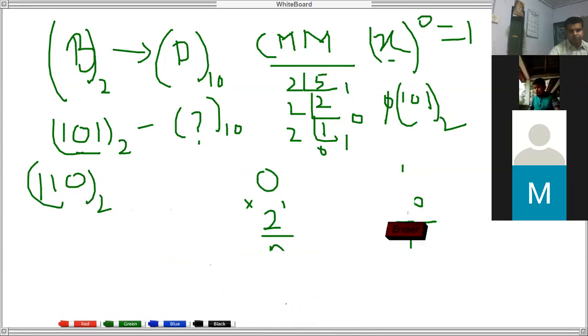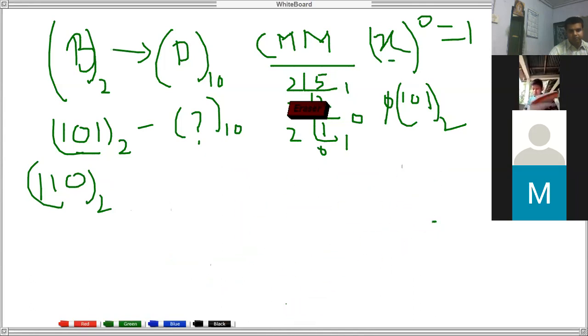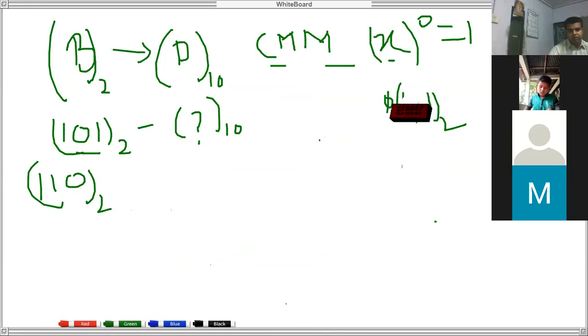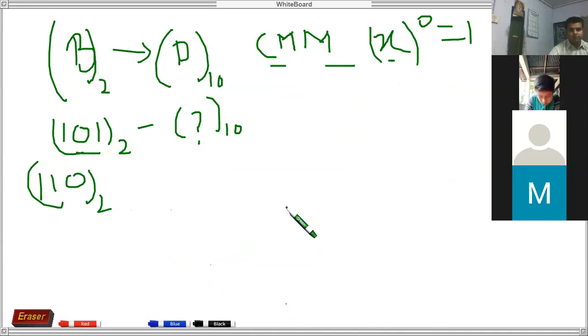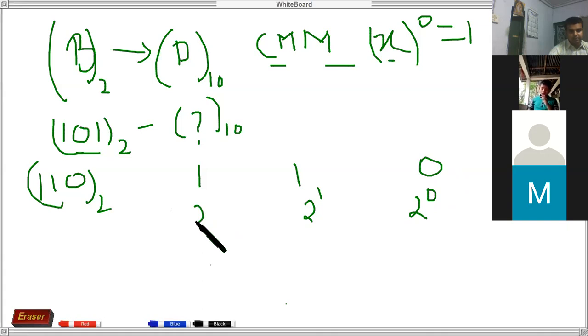Power 0, power 1, power 2. You will write 1, 1, and 0. This will be 2 to the power 0, this will be 2 to the power 1. Sir, it will be 7.